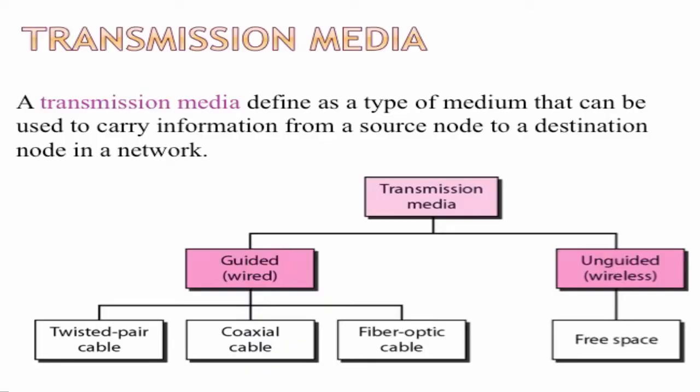Which media I am going to select depends on the topology. What is the topology of the network? Again it depends on the type of network, whether that is a LAN, WAN or MAN. Clear? Transmission media is defined as a type of medium that can be used to carry information from a source node to the destination node.